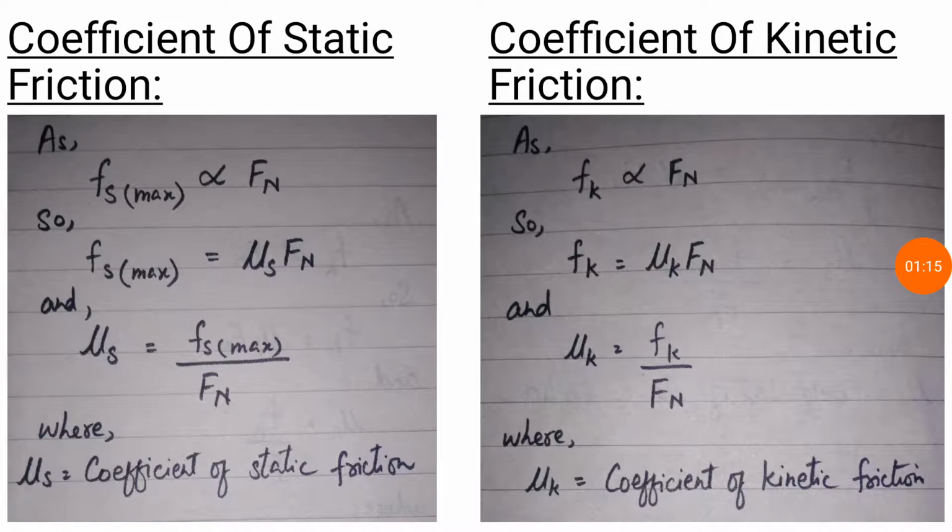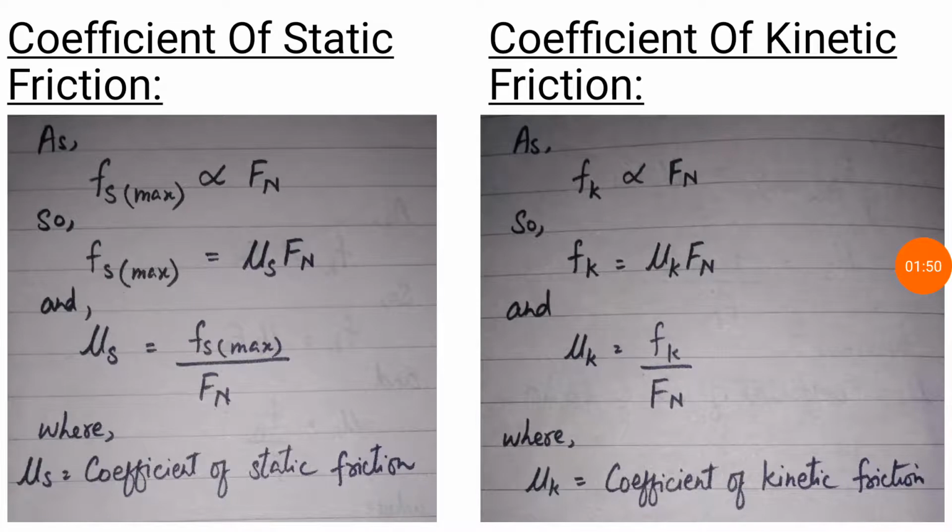Now similar to static friction, we can also find the coefficient of kinetic friction. Now Fk, which represents the kinetic friction, is directly proportional to the normal force. Now by removing the sign of proportionality, we get the sign of equality by writing a constant, that is mu k. If you want to find the value of mu k, we get mu k equals Fk by Fn, where mu k is called the coefficient of kinetic friction and it is the constant of proportionality.